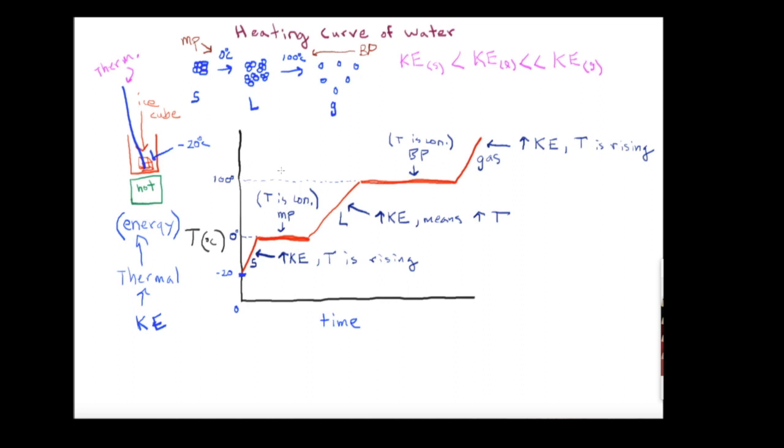Okay, so the energy is being used differently in the two flat areas. Since it's not being used to make the particles move faster, the kinetic energy across here is not going up. Then what's happening?